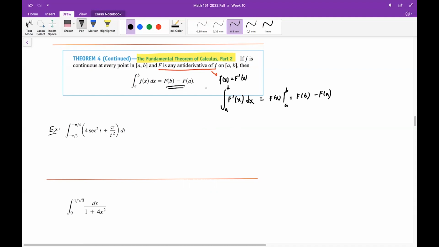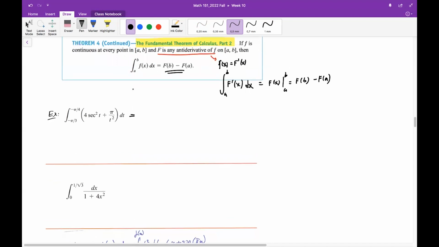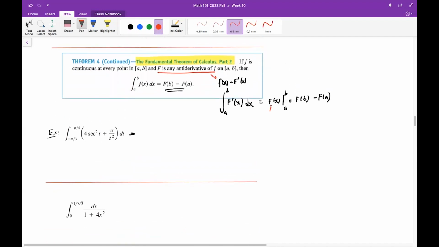Okay. So let's look at the first example. We are trying to integrate this function, and the result should be the antiderivative of what you see here, okay? So this function is the antiderivative of this f function. Okay, so tell me, what is the antiderivative of secant square?